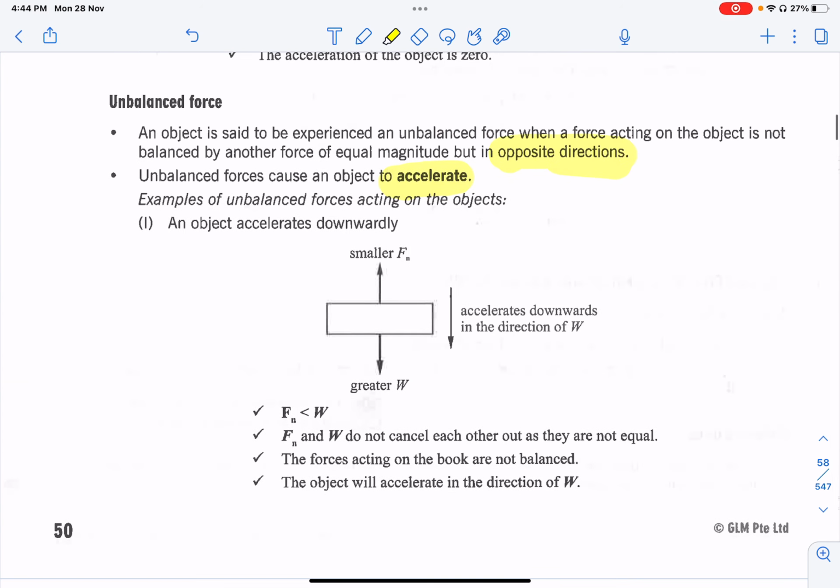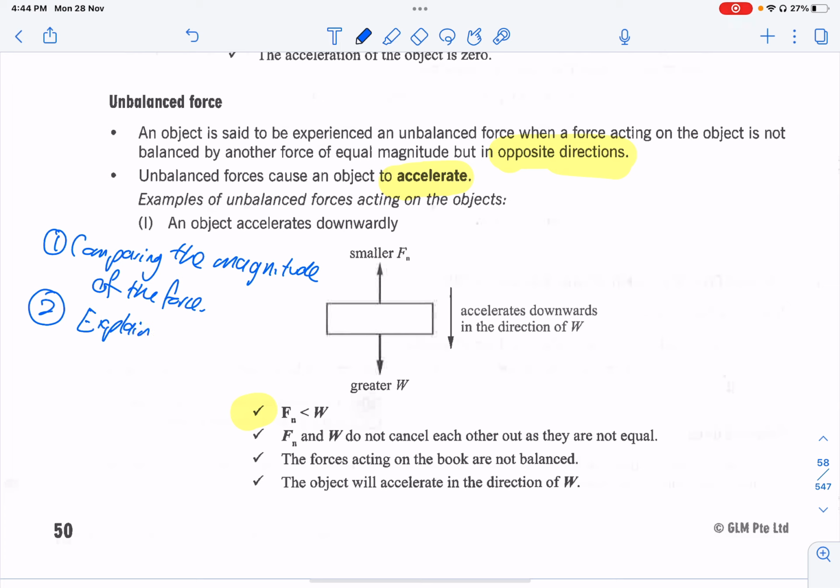Okay, and how to go about explaining this kind of scenario? Number one, you have to state the first one, which is comparing the magnitude of the force. The second one is explaining whether the forces are equal or cancelling each other, or not cancelling each other.